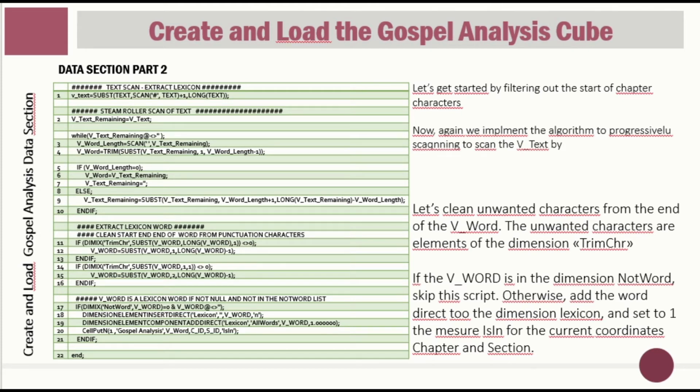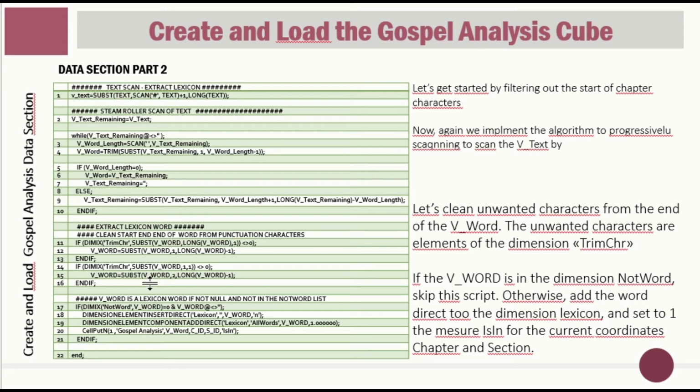The second part of the data section is again a steamroller scan of text. We implement the algorithm progressively scanning the vText, and just before we put the word into the lexicon dimension here, with dimension element insert direct, because we are in the data section and we want the word to be inserted in the dimension and committed just now.